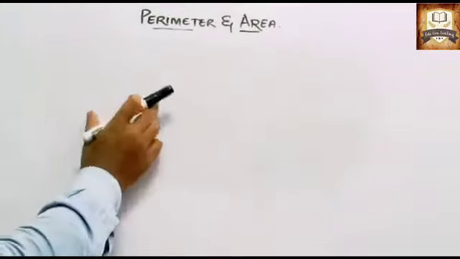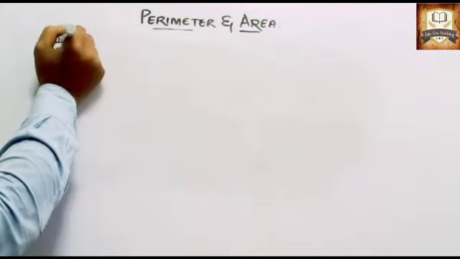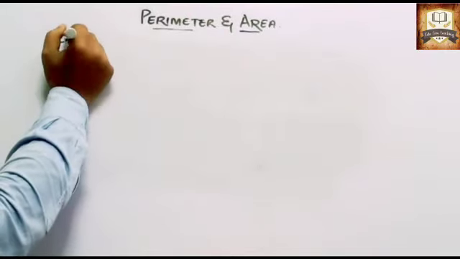Now all those are regular polygons. Now we are going to do an irregular polygon.